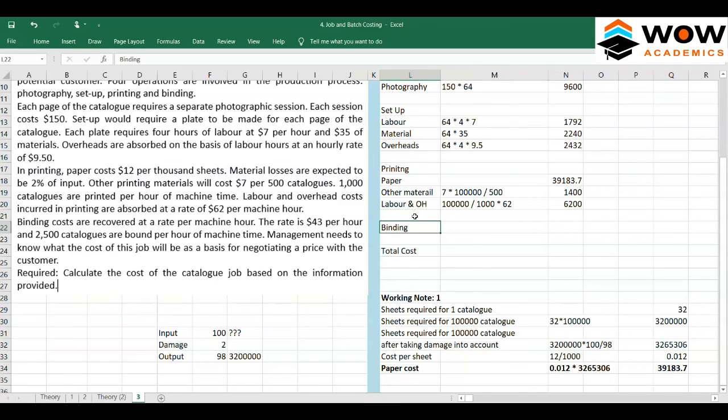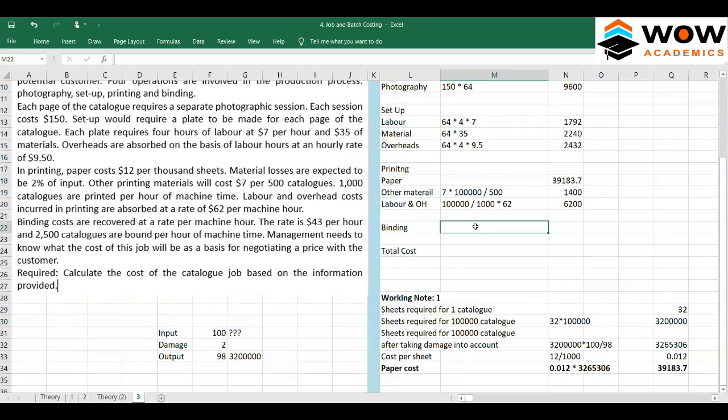So finally we come to the binding. The binding costs are recovered at a rate per machine hour. The rate is 43, and 2500 catalogs are bound per hour of machine time.